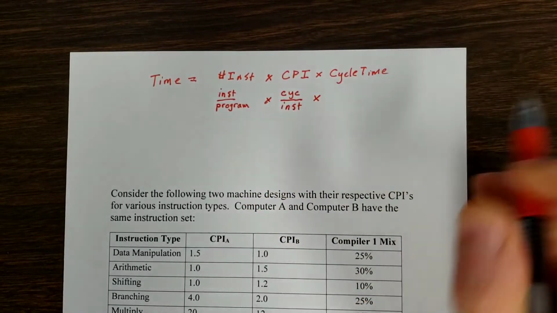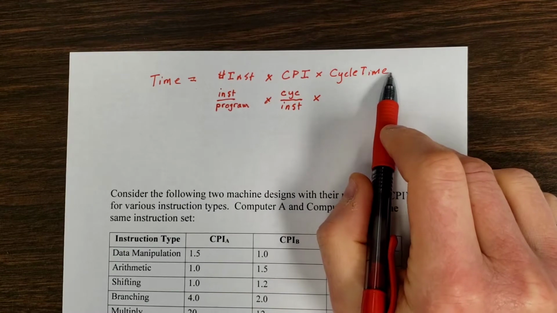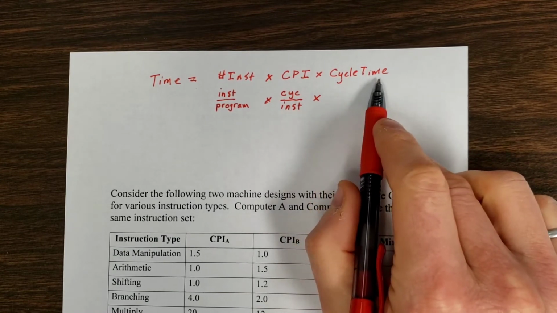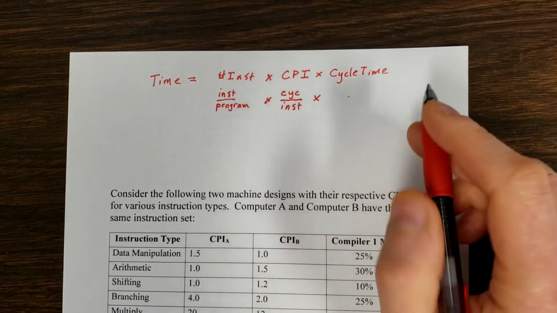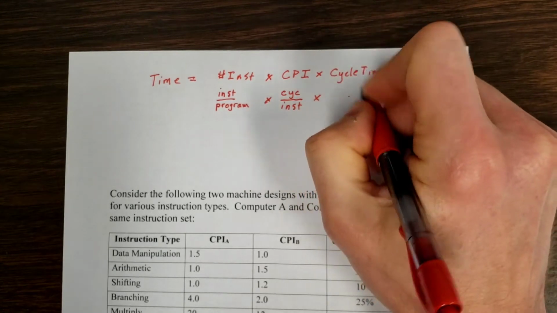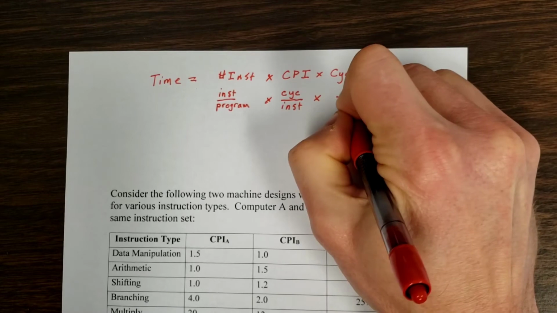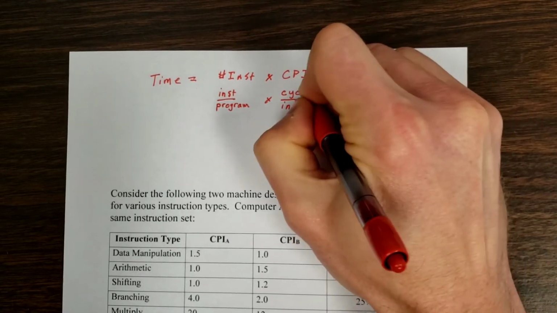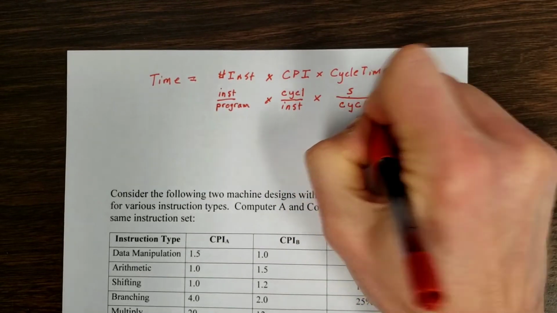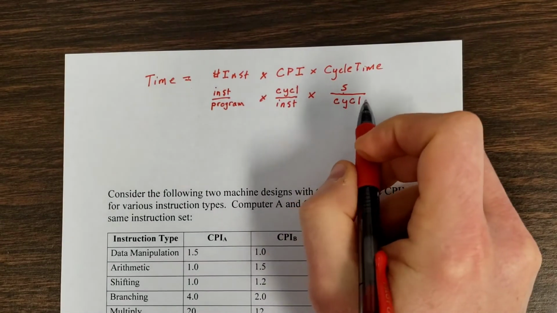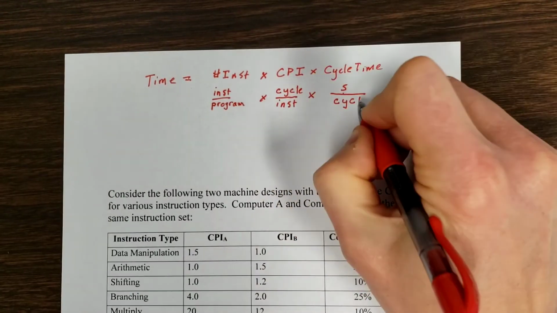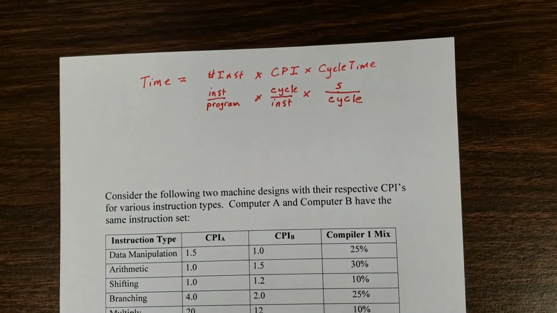And then the clock cycle time, we talk about it being in units of time, yes, but that's units of time divided by the cycles. And so this is going to be seconds over cycle here. Go ahead and spell that out.